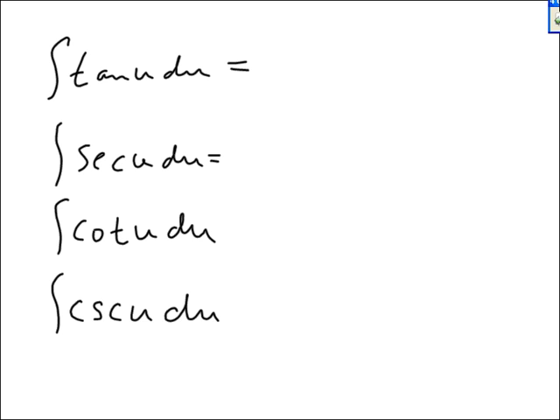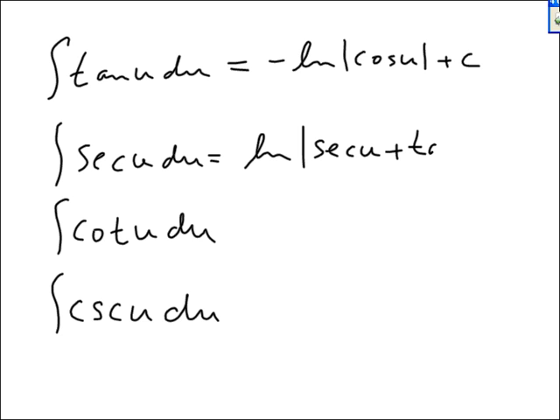The integral of tangent of u, if I remember right, is negative ln of cosine of u plus c. The integral of secant of u is also an ln. It's ln of secant u plus tangent u, of course, plus our constant.